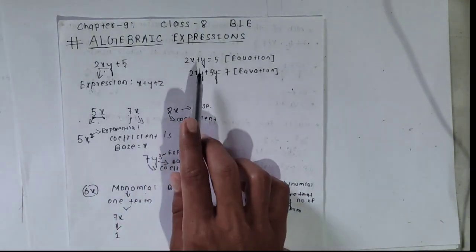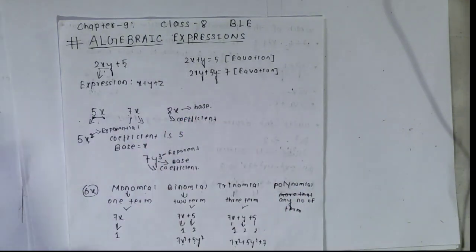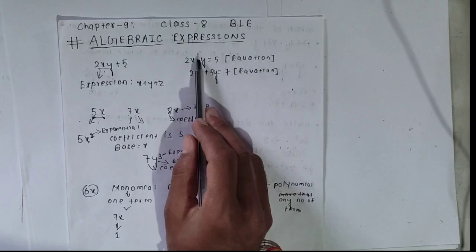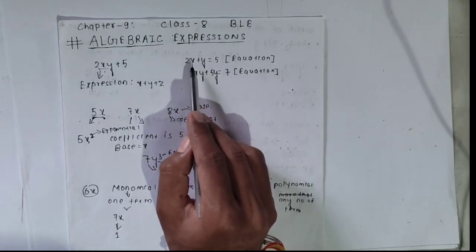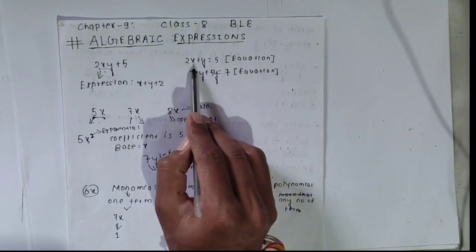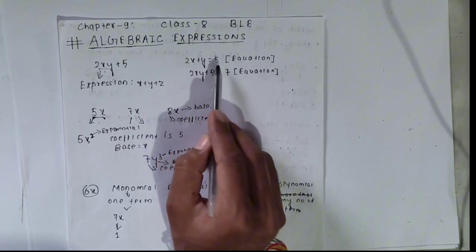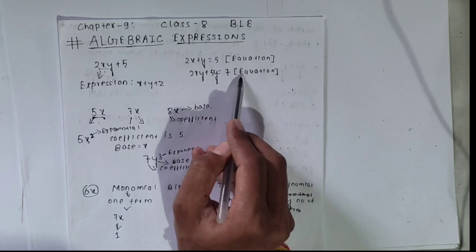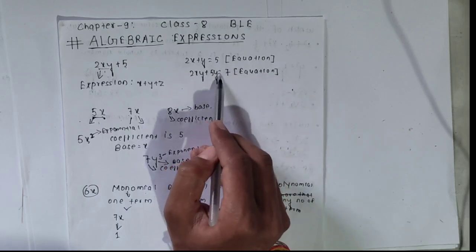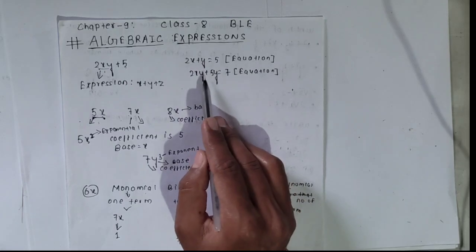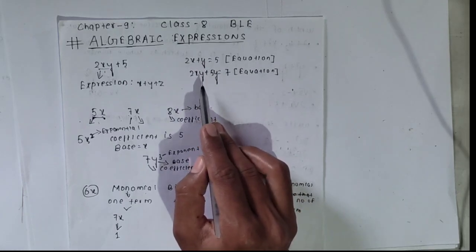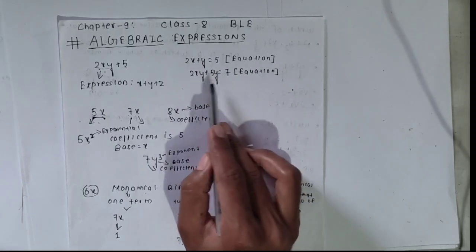For example, 2x plus y is only an expression, but if I add an equal sign, 2x plus y is equal to 5, then it becomes an equation. So 2xy plus 5y is equal to 7 is an equation. What does an equation say? An equation is saying these two sides have the same value.